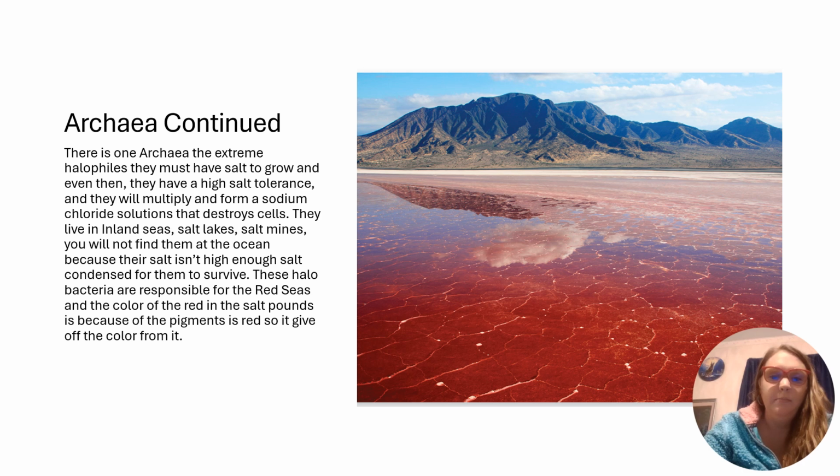So a lot of times we're not going to find this type of organism in places like Myrtle Beach or anything like that, because even though the water in the oceans is salty, it's just not enough salt for these to grow. So they have to have a lot of salt, which is demonstrated in this picture.